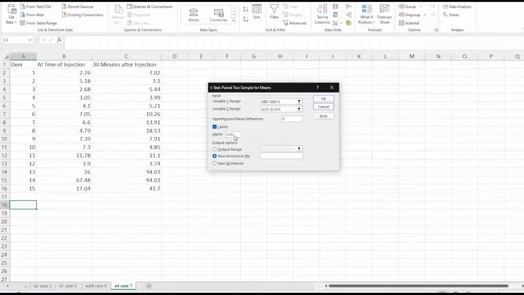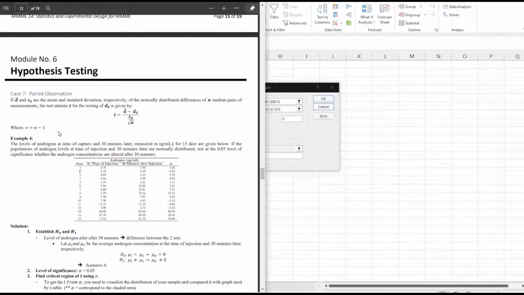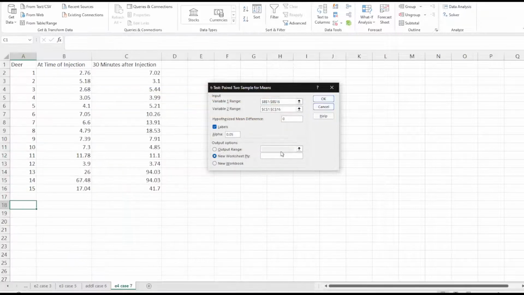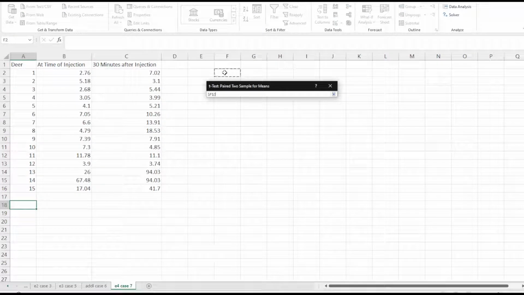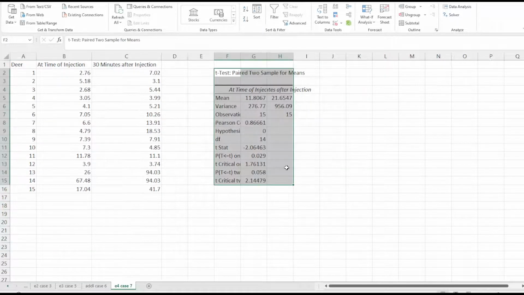So, check natin siya. Alpha is 0.05. Tama nga ba? 0.05 nga ba yun? Let us check. Sabi dito, at level 0.05. Ito. So, we'll use 0.05. Okay? So, 0.05, output range natin, lagay lang natin somewhere sa blank space, no? So, I can place it somewhere here siguro. Then, we press OK. Tapos, nandito na yung data natin.